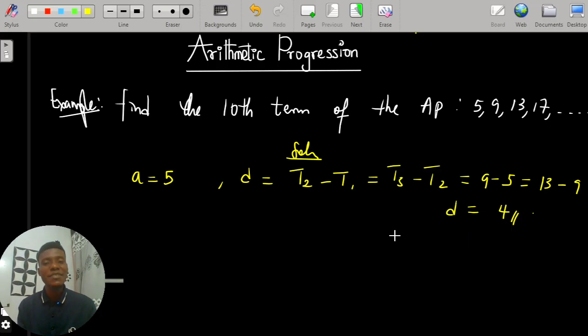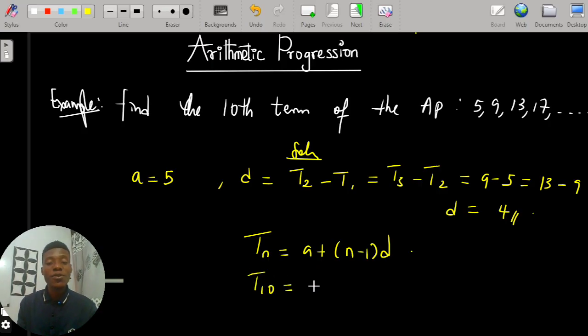So when you have this, you can look for T10. That is our 10th term. Don't forget the formula. Tn is the same thing as A plus n minus 1 times D. So to look for T10, just follow this formula by saying T10 equals A plus 10 minus 1, which is 9D.